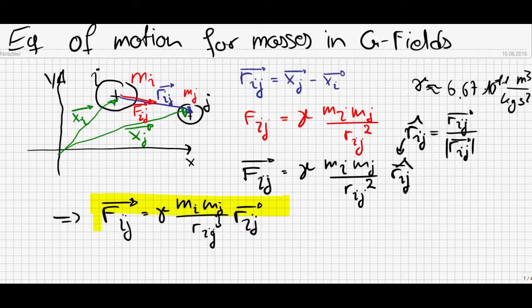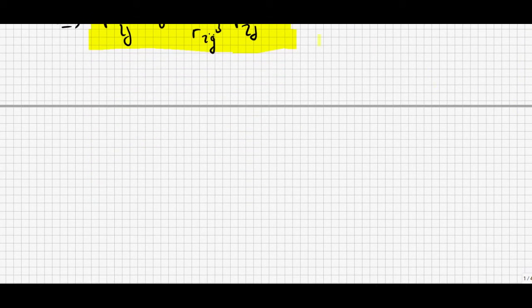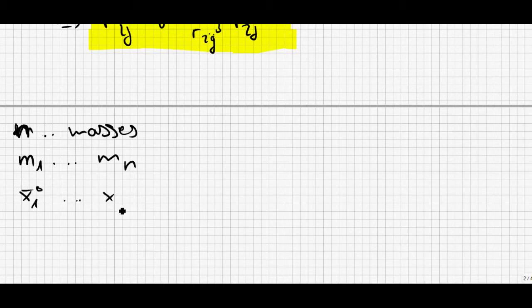So this is the equation, and if we have a set of point masses which interact gravitationally with each other, we just have to make sure that this relationship holds mutually for all of those point masses. So let's assume we have n masses. They have masses m1 through mn and positions x1 vector through xn vector.